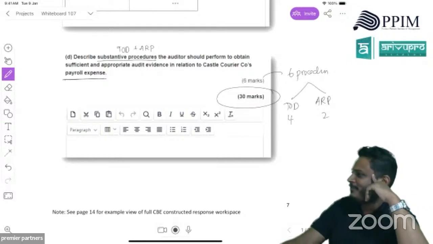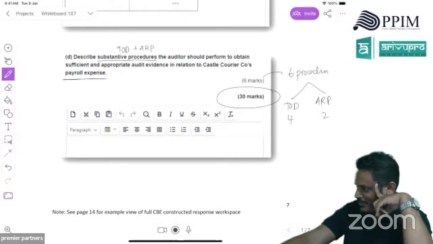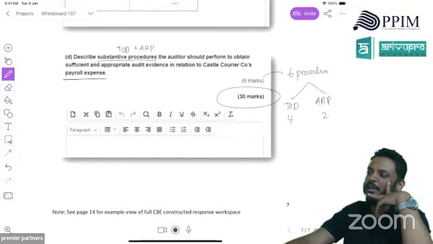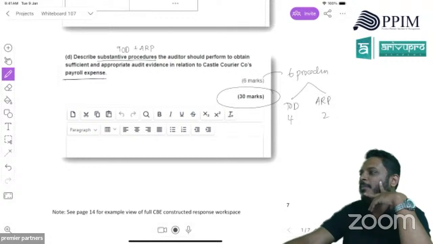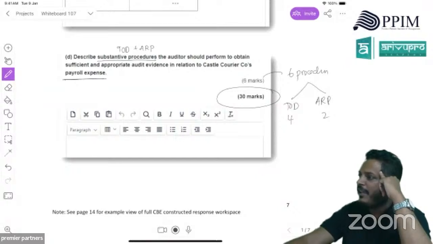Good. Agree the individual payroll payments to the post-year-end payroll records. Okay. Because normally we are talking about the subsequent. Compare budgeted and actual payroll figures. Okay, fine, correct.